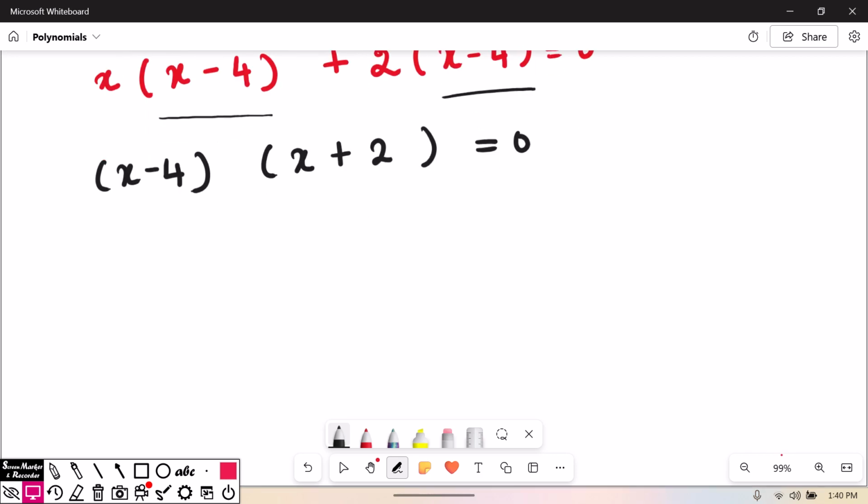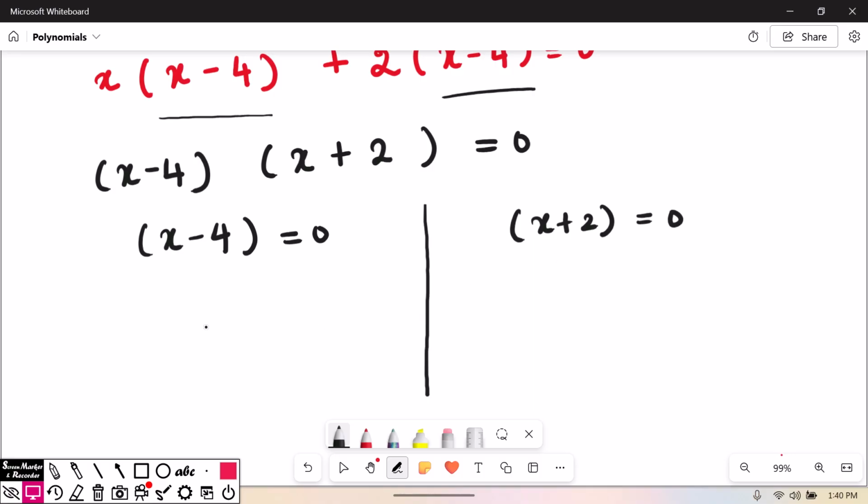So now I'm going to find the zeros of the polynomial. For that, I'll equate both of the binomials to 0, because x minus 4 equals 0 and x plus 2 equals 0. Since I'm finding the value of x, I'll transpose minus 4 to the other side, and it becomes plus 4. Similarly, I'll transpose plus 2 to the other side, and it becomes minus 2.